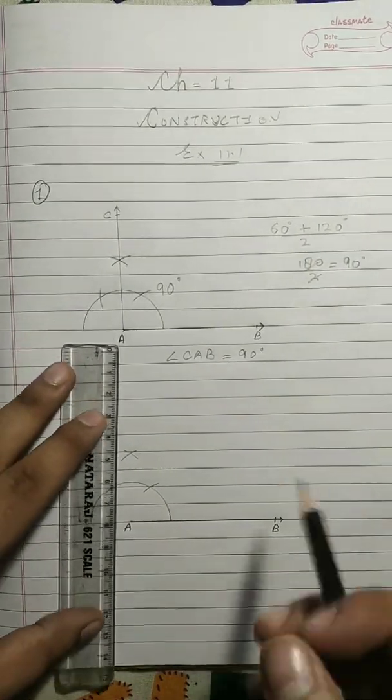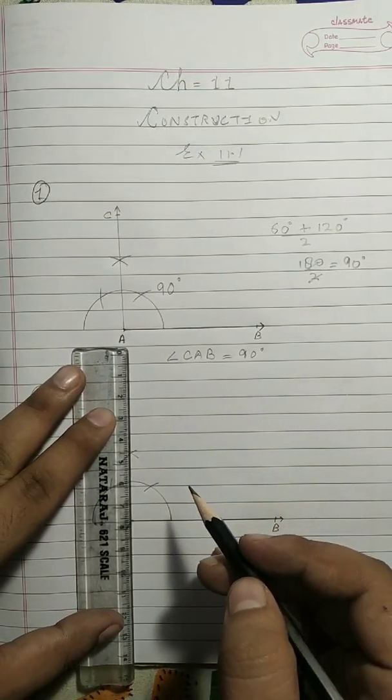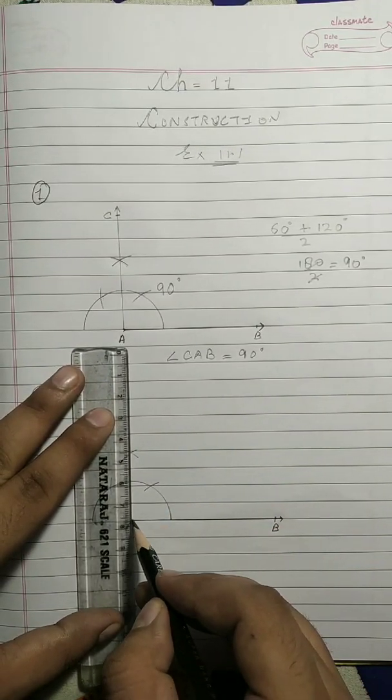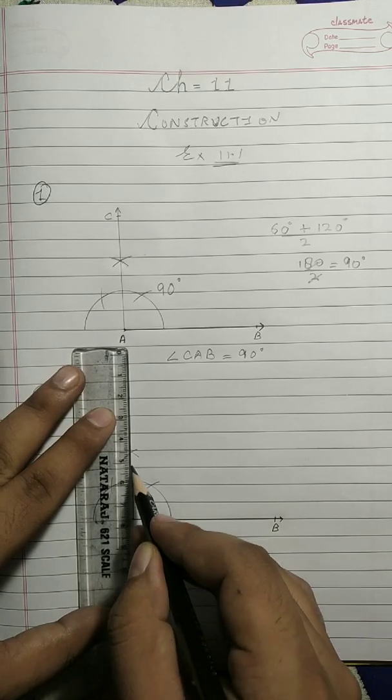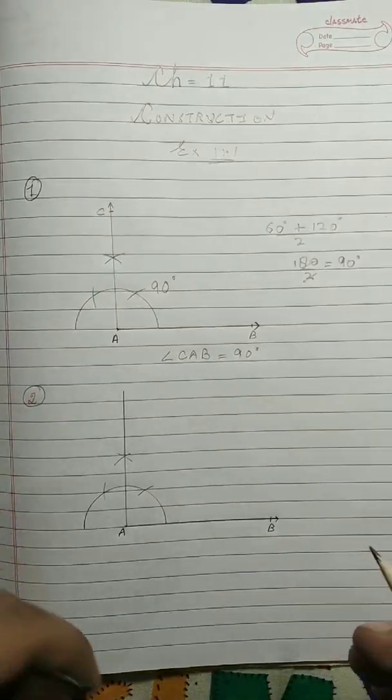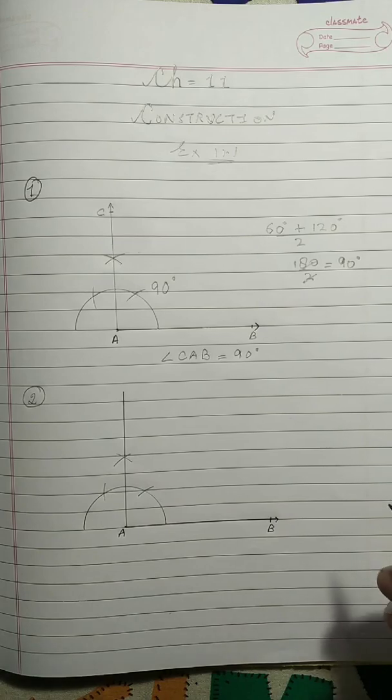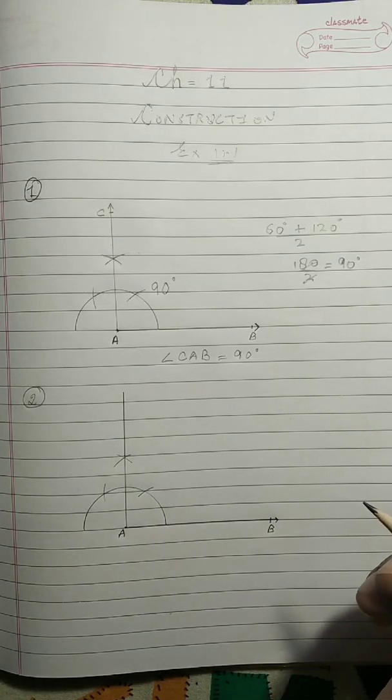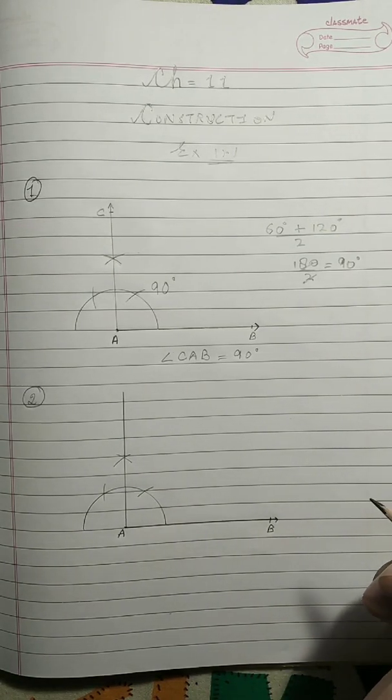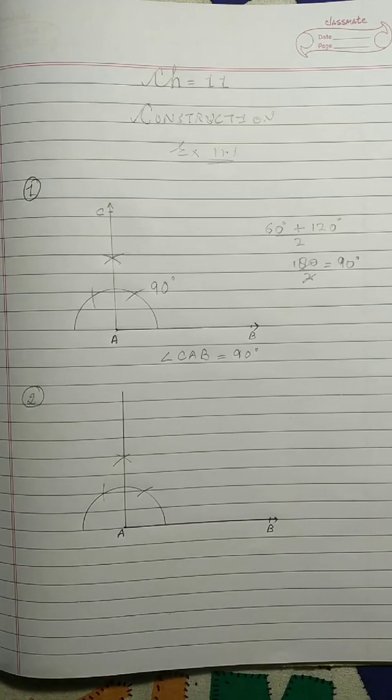Now let us join these 2 points. After this 90 degree we can make 45 degree.